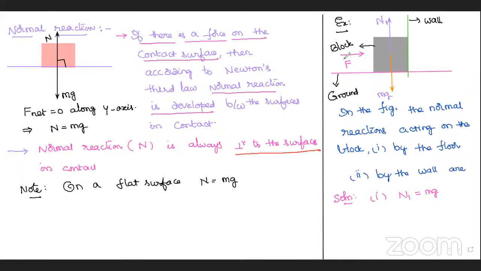I just placed it at the corner. If there is no force on the contact surface, there is no normal reaction between them. Now you understood this concept? Since there is no force, no normal reaction. If there is a force, there is a normal reaction.